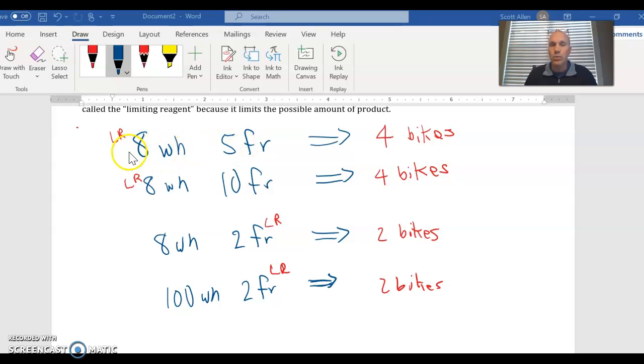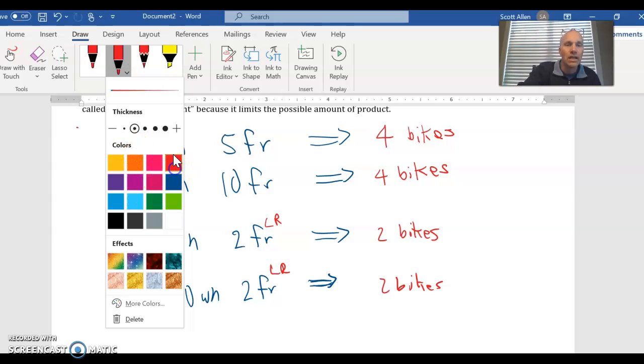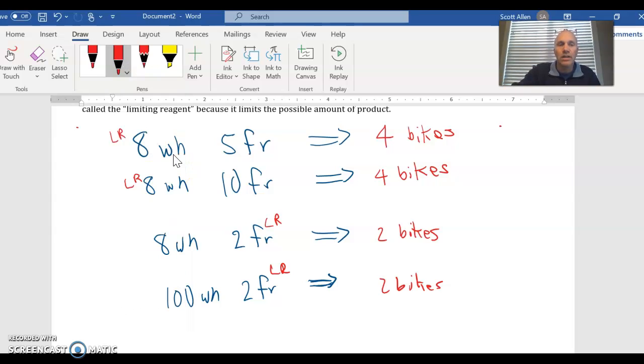And the reason for that is we need twice as many wheels as frames to meet the ratio to make a bike. So even though we could easily figure out which runs out first here, there's a little trick to figuring out what runs out first, and that is to simply take your actual quantities and divide each of them by the coefficient in the balanced reaction.